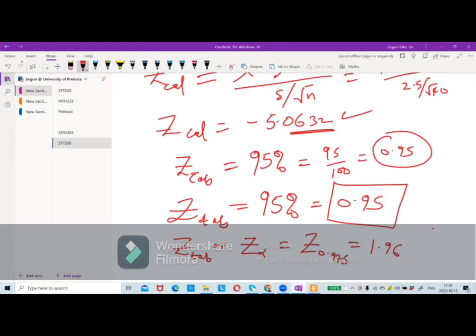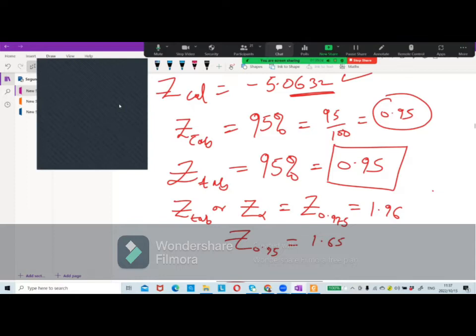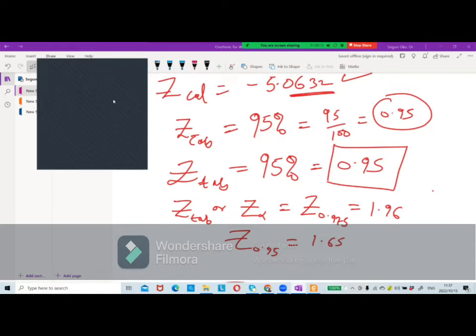They already check it for you. That means you have less stress to do it. So if I said, okay, Z 0.95 is equals to 1.65, I've already checked it. I gave you, use it. So you don't need to worry yourself on that.